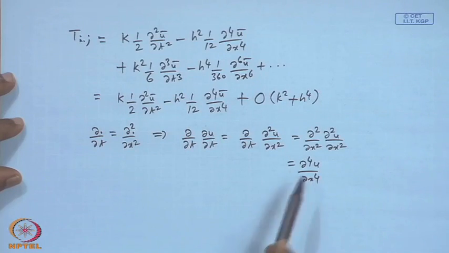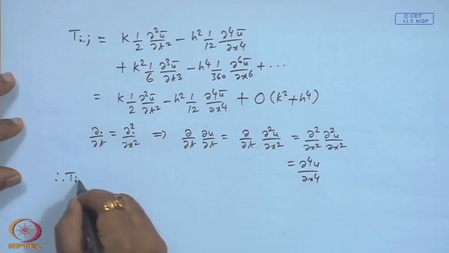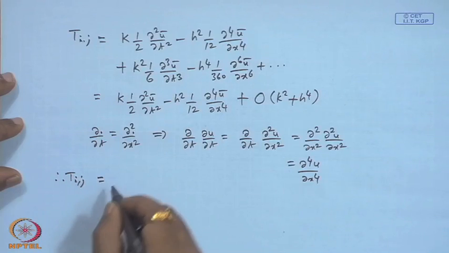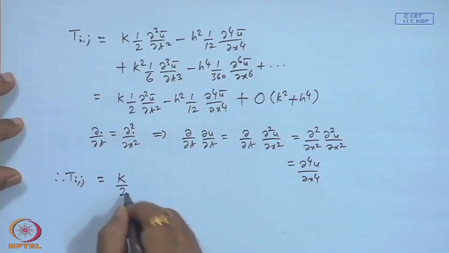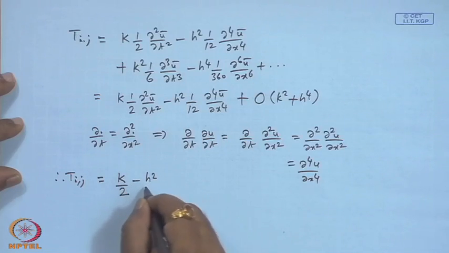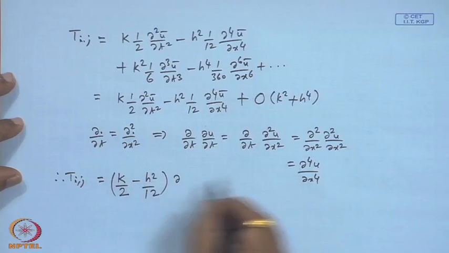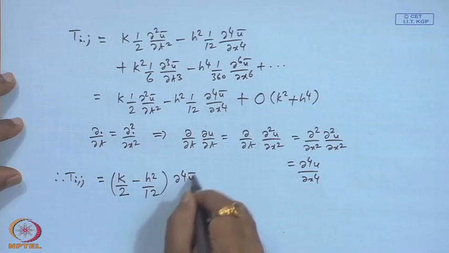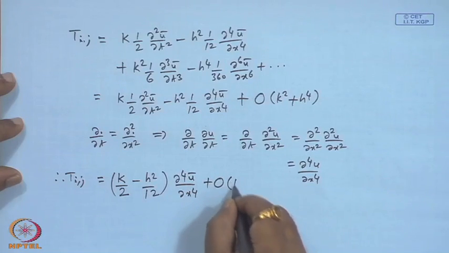Therefore, T i j becomes k by 2 minus h square by 12, plus order.